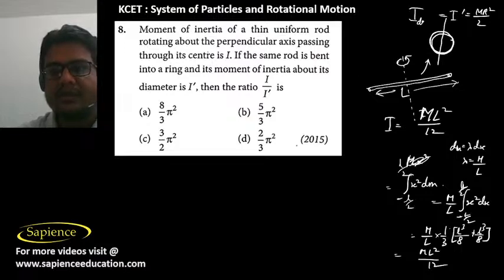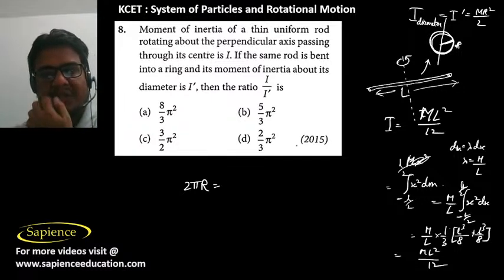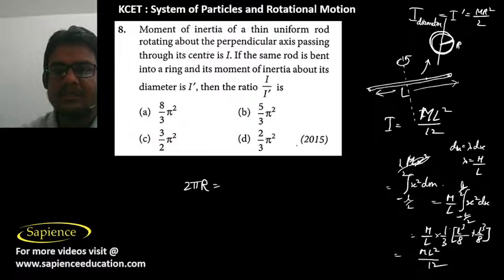Now how do we find the radius of this ring? The circumference of the ring, 2 pi r, is the same as the length of the rod, since the rod is only bent into the ring. So 2 pi r is equal to L, and r will be equal to L by 2 pi.